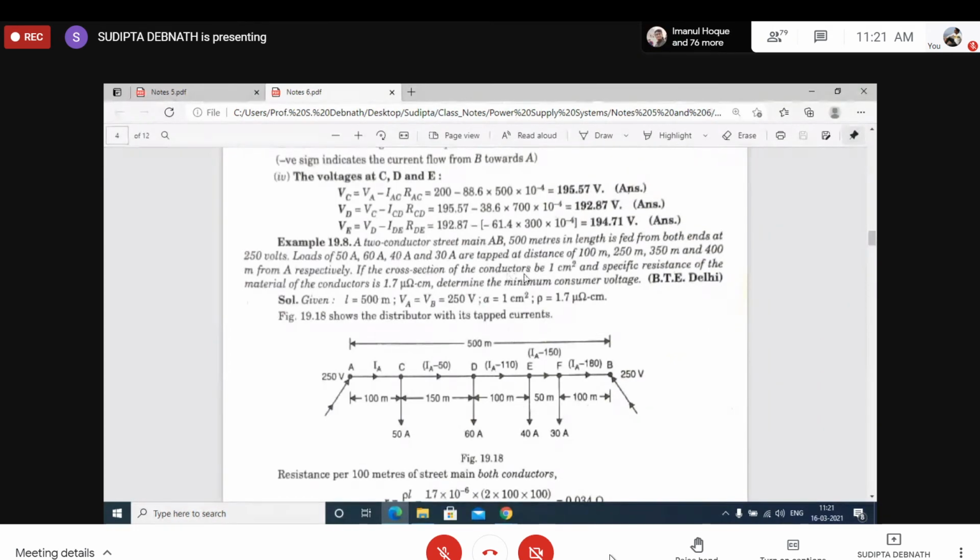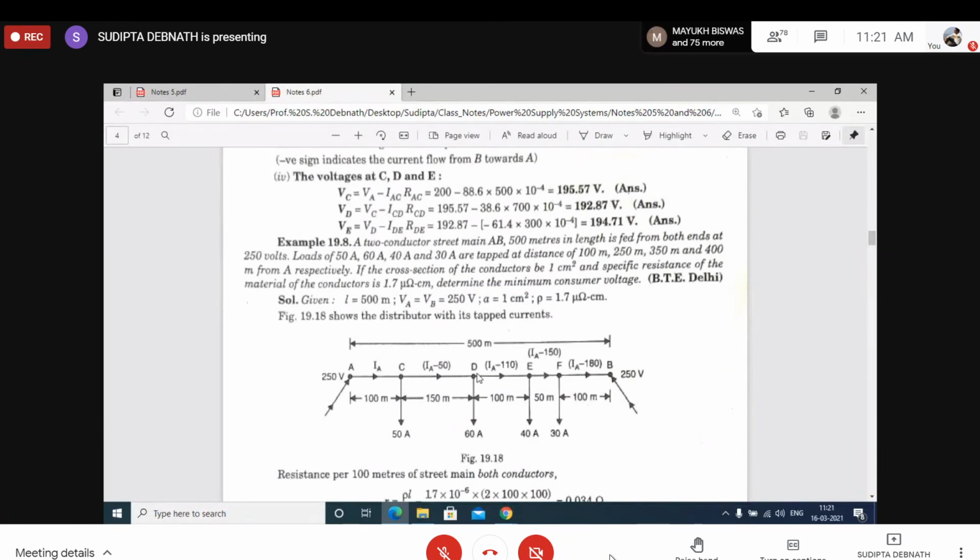The cross-sectional area of the conductors is given as 1 centimeter square, and rho is given. Determine the minimum consumer voltage. Consumer voltage means you have to find out the point of minimum potential and the value of that minimum potential, because that is the consumer voltage.